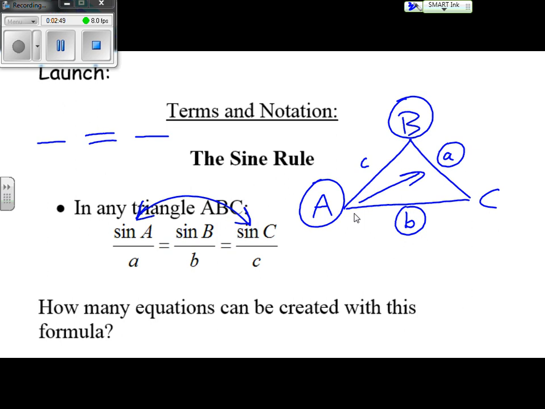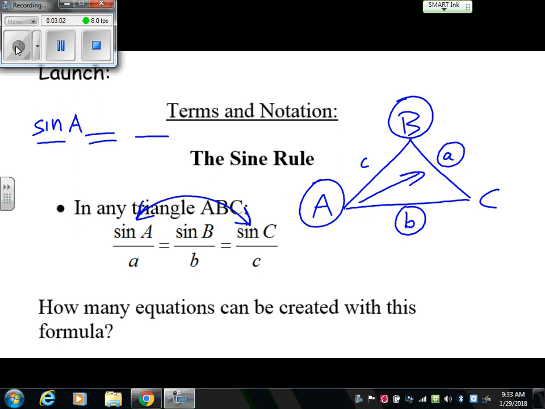So if I know, let's say, the sine of an angle, and we'll call it A here, and then I have its opposite part, which we would call lowercase a, I can now set that equal to any other side that I have on this triangle.